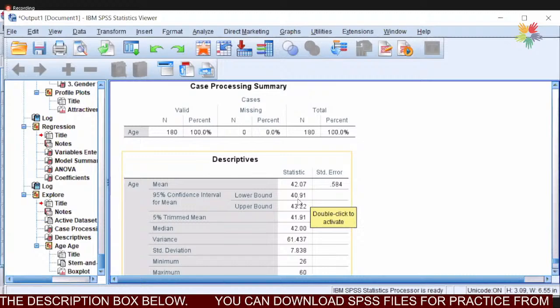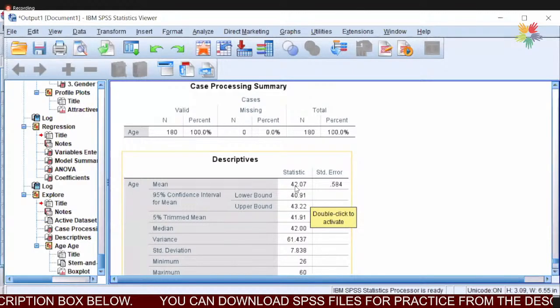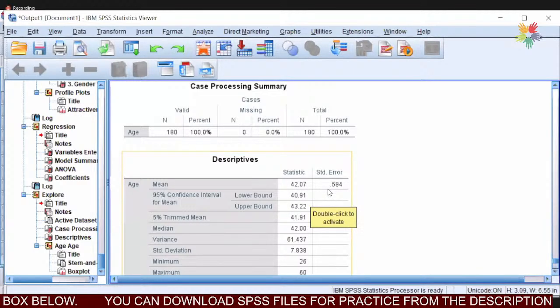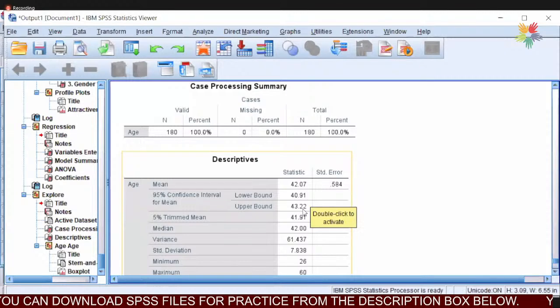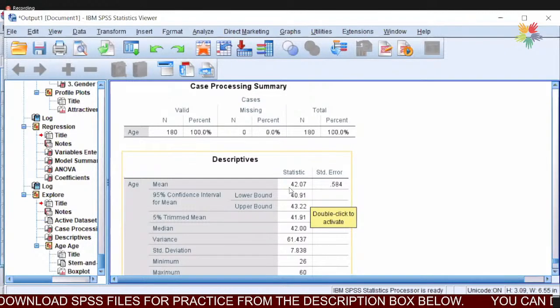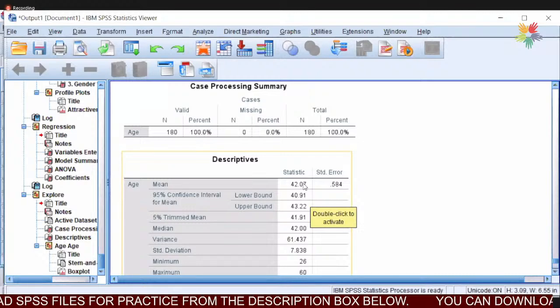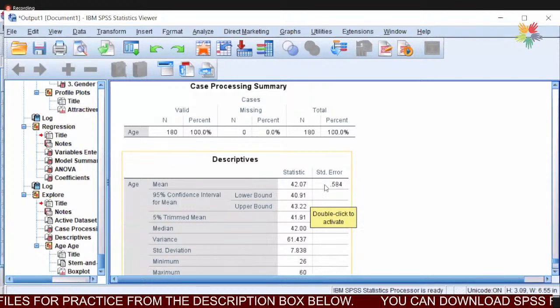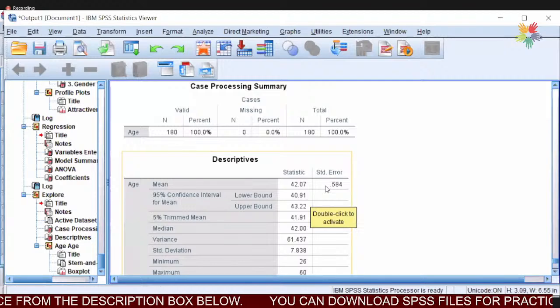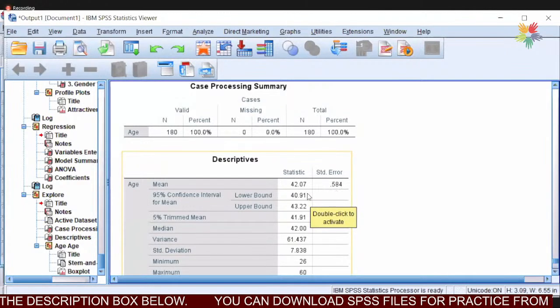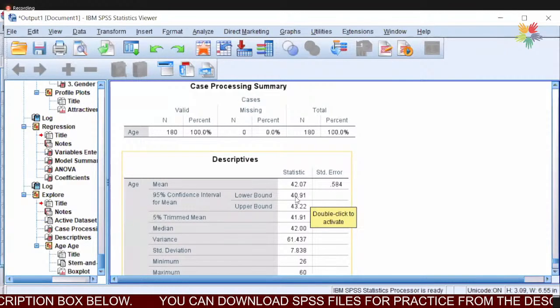That is why it is 43.22. The lower bound is 42.07 minus 1.96 into standard error.